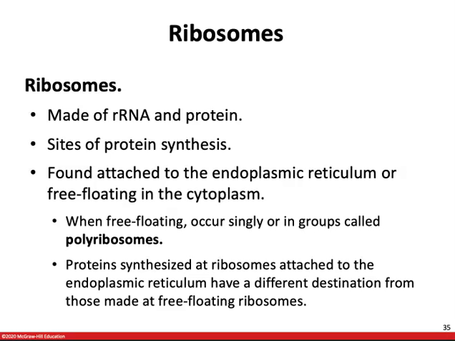Those proteins that are synthesized by the cytoplasmic ribosomes will stay in the cytoplasm. Those made by attached ribosomes are going to end up in the endoplasmic reticulum, which we'll get to in a moment.